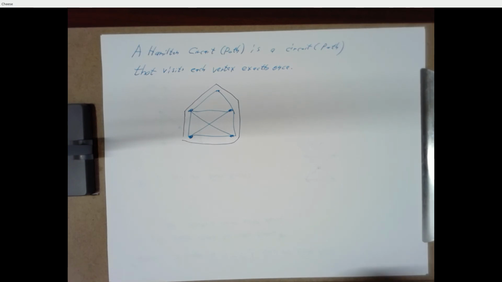Yeah, I'm not sure how to define a Hamilton circuit. Visits each vertex exactly once except the starting and ending vertex. I don't even know if it's a thing. Is there actually a circuit for Hamilton? Yeah. Well, because if you end where you started, that means you visited the vertex twice. Yeah, so that one you're going to have to be allowed to visit twice.